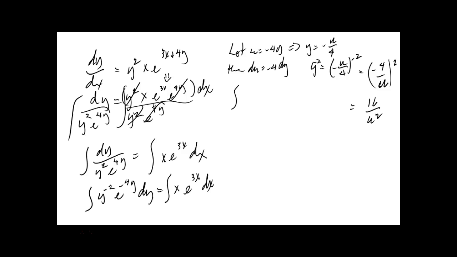Then what would your function be? You'd have a 16 in the numerator, a u squared in the denominator. That's your y to the minus 2, and that would be e to the u up here.